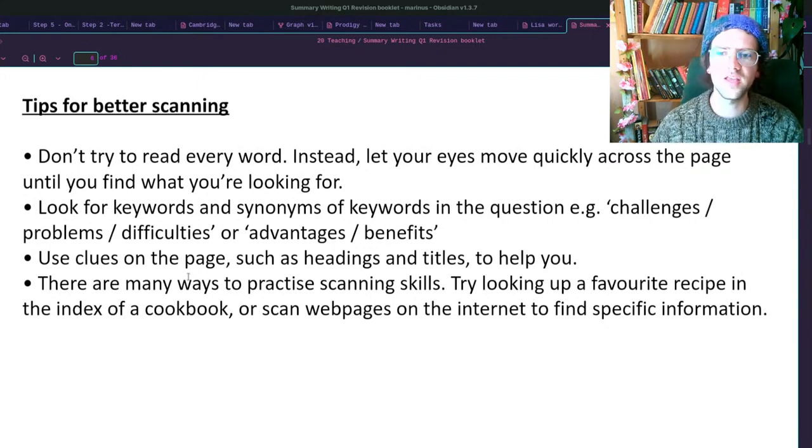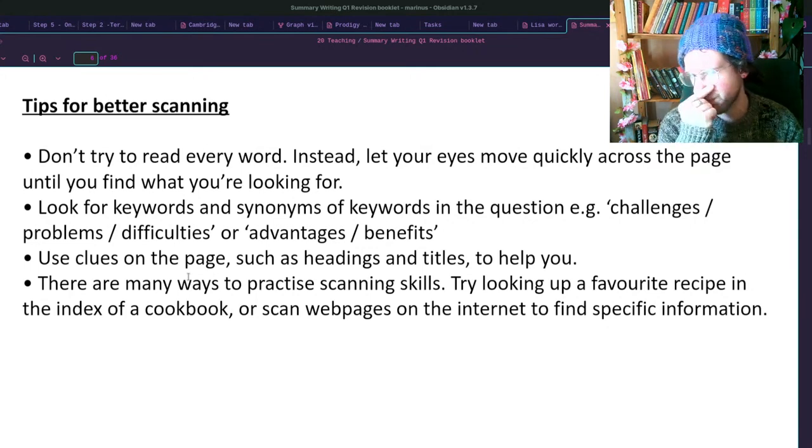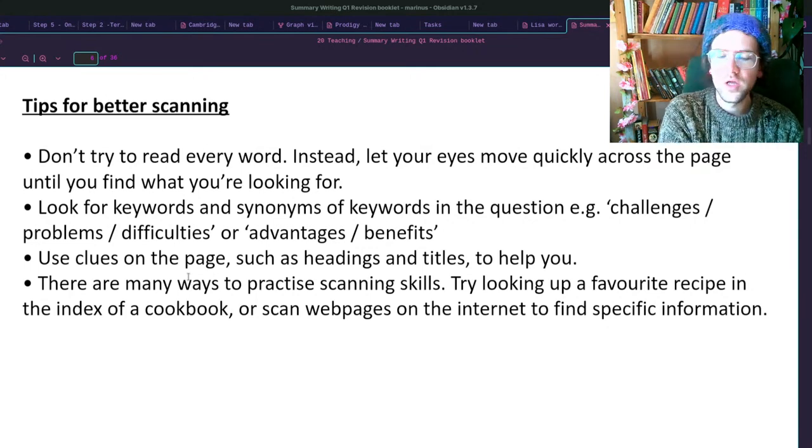Those are things you're looking for in the question. What are they wanting? Are they wanting you to focus on the problems? Are they wanting you to focus on the advantages? You're going to use this information to dictate what you're going to scan for. Use clues on the page, like headings and titles, to help you.